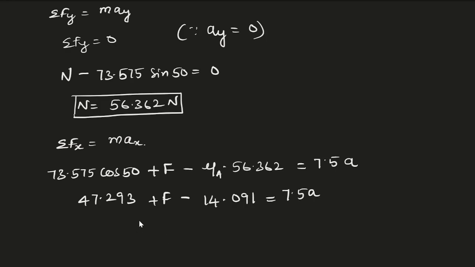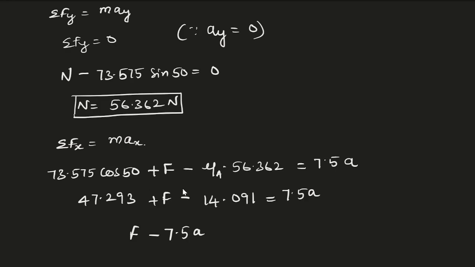And we can keep the equation in the form of F and A. So F, if I take the 7.5 A to the other side, will become minus 7.5 A, and this value will be equal to 47.293 minus 14.091.